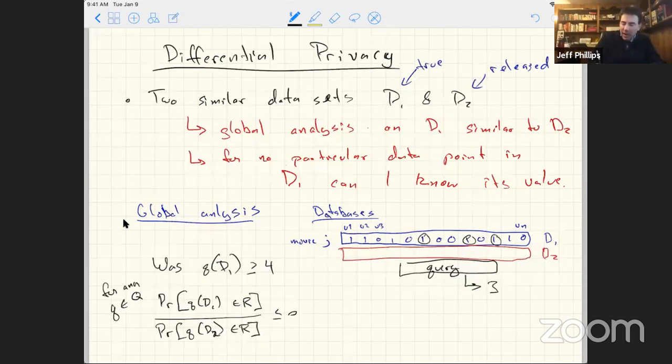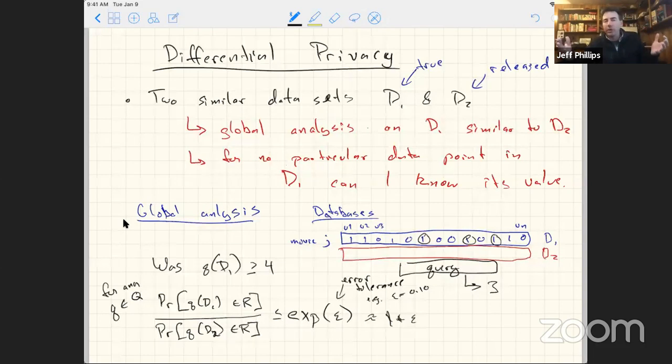Typically they write this as x, which is e to the power epsilon, right? This is some error tolerance, and let's say epsilon equals 0.1. So I can allow 10% error, and this exp of epsilon may look a little weird. It's approximately 1 plus epsilon. For small values of epsilon, this is a really good approximation of 1 plus epsilon.